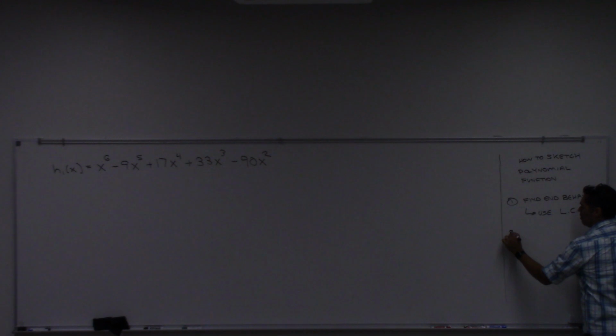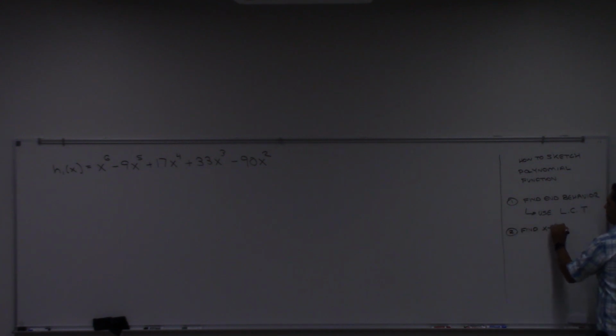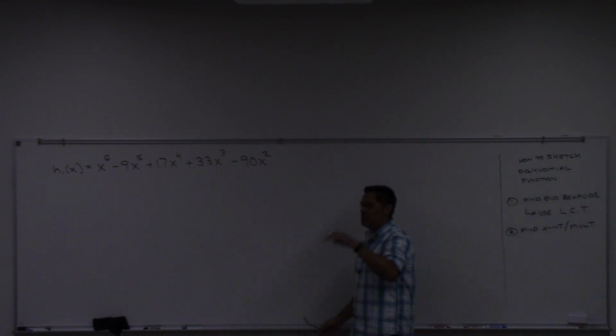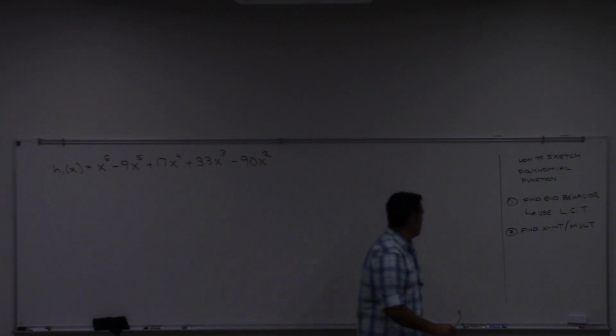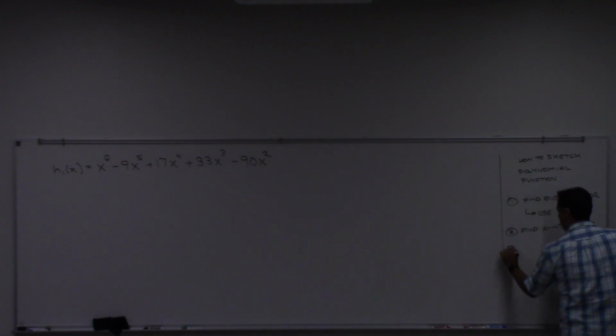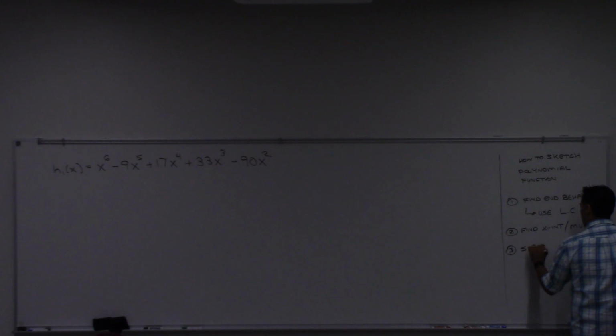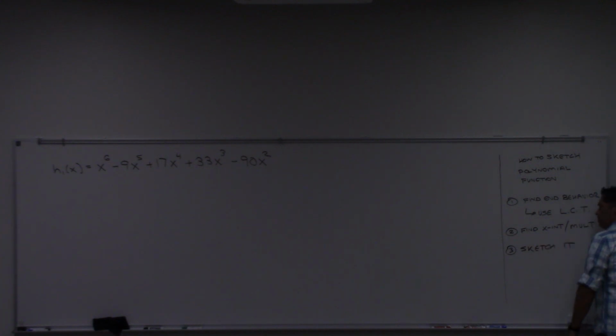The second thing you do is you find the x-intercepts and the multiplicities. In other words, you're going to figure out where the graph touches or bounces, crosses or bounces. And then your third and final step is to draw it. Sketch it.